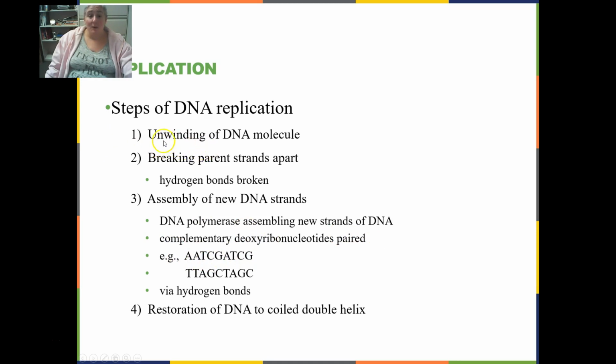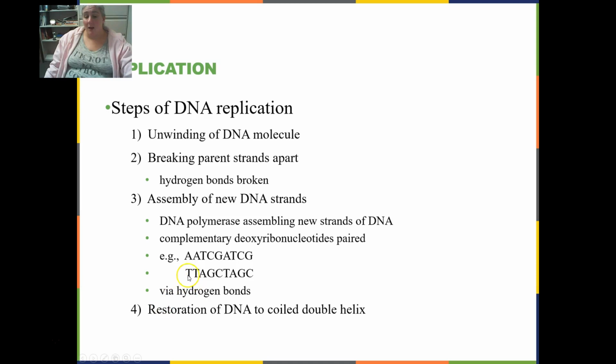To do this, we're going to need DNA polymerase, and we're going to need some type of molecule like topoisomerase to unwind the DNA. DNA polymerase, once the DNA is unwound, will bind and produce complementary strands to the parents. So if this is the parent strand, the complement would be TTAGC, because it's complement to this strand.